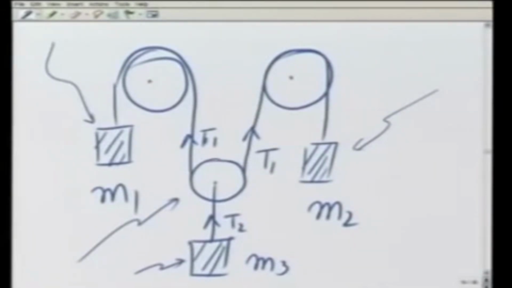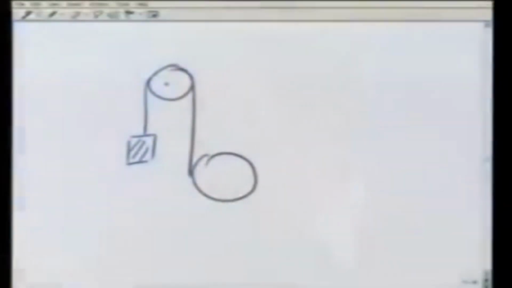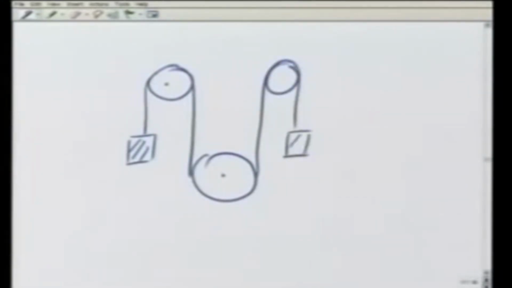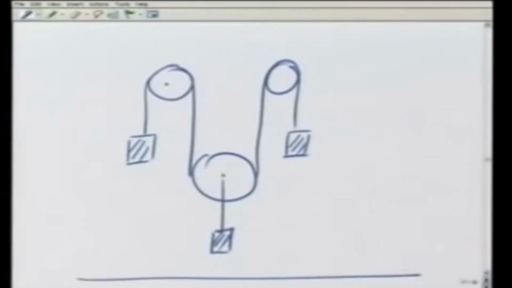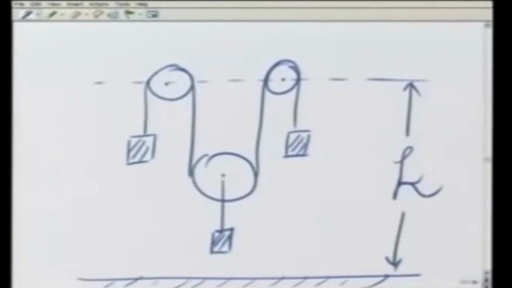For that, again, I take a reference point from which I'm going to measure my distances. To make that picture again, this is mass M1, pulley number 3, mass M2, mass M3. I'll measure the heights from the ground. Since these two pulleys are fixed, they are at height h, which is a constant from the ground.